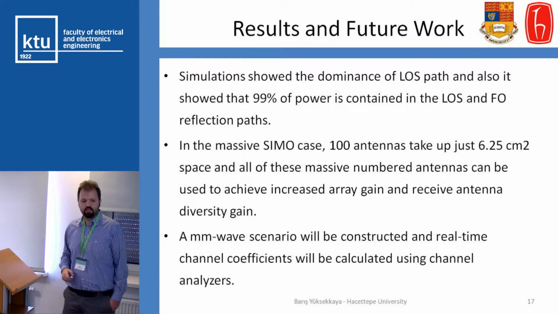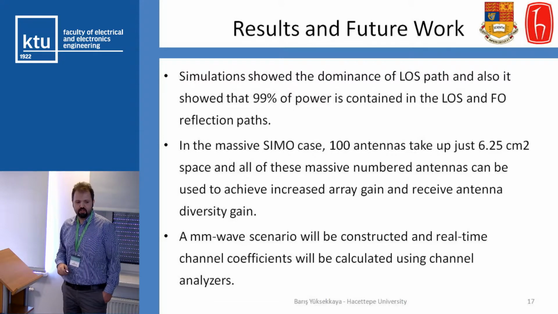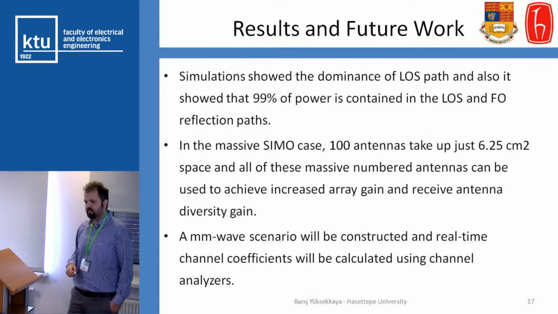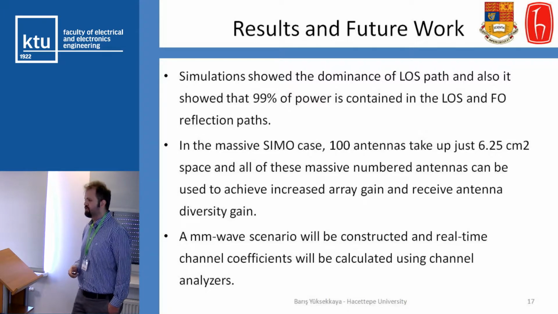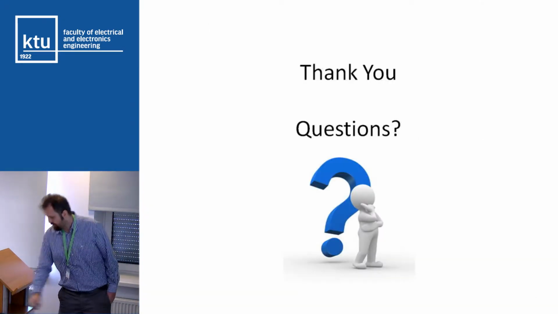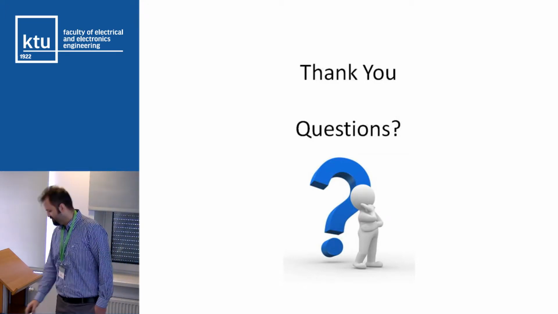As a future work, as I said, a scenario will be constructed in real time, and real-time channel coefficients will be calculated using channel analyzers in 3 dimensions, of course, and I'll be constructing next generation receiver and transmitter structures also. Thank you for listening to me. It was a pleasure to be here.